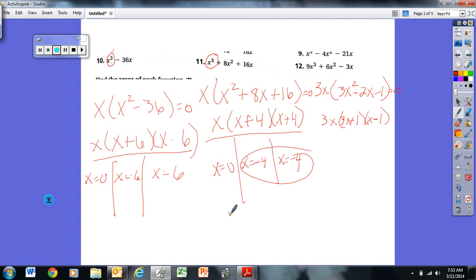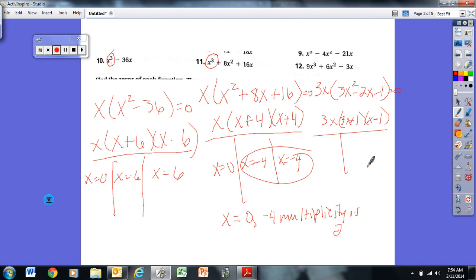So what we say is that the roots are x equals 0 and negative 4 with a multiplicity of 2. Multiplicity of 2. And we're going to talk in class about what the multiplicity tells us about the graph. But just know that it still has 3 roots. It just so happens that 2 of them are the same.